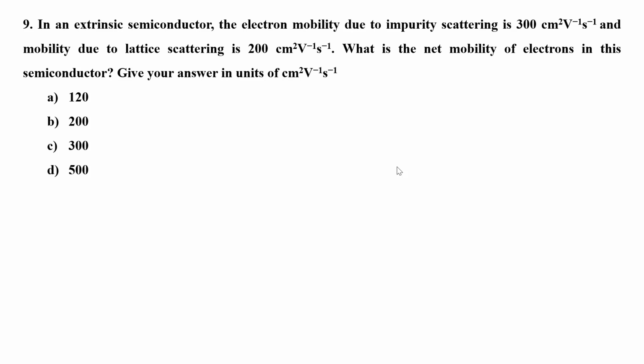We talked about lattice scattering earlier, right? Whenever there are more carriers, lattice scattering increases, therefore mobility decreases, and so on. So suppose we have two components of scattering, impurity scattering and lattice scattering. How do we get the net mobility of electrons in the semiconductor? If you know a particular rule for this, you will be able to answer very directly.